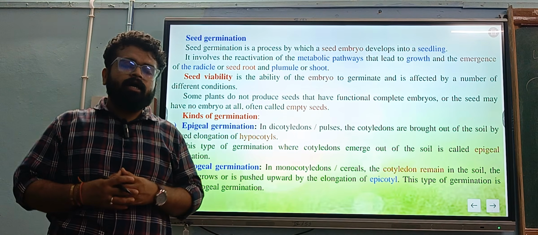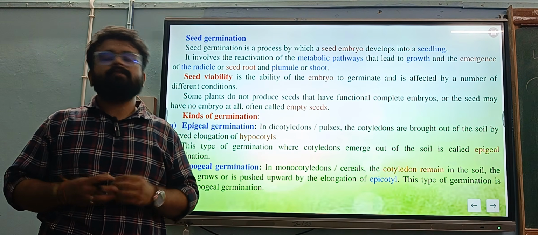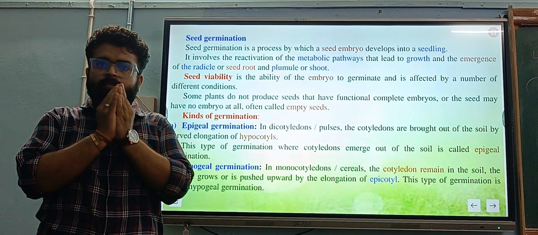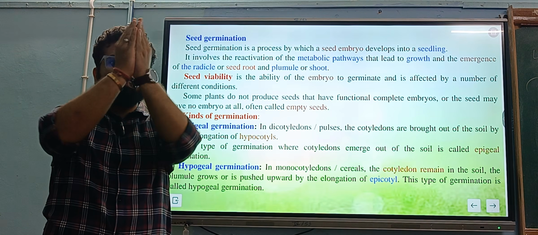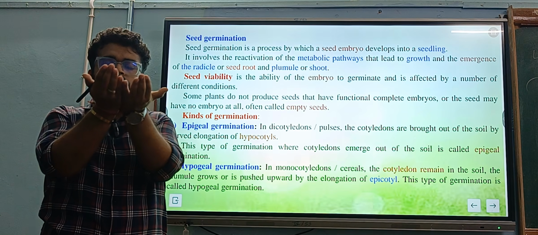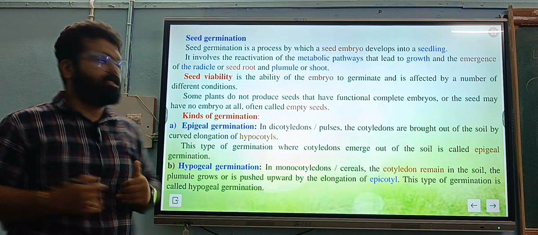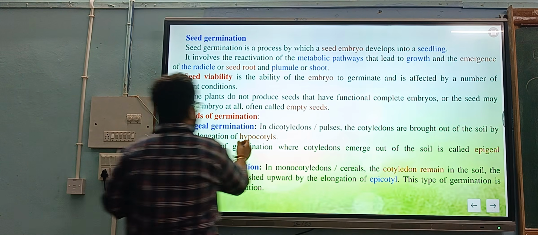If you have noticed crops such as pulses, green gram, black gram, the seed cotyledons emerge out from the soil as two cotyledons. Such type of emergence we call epigeal germination, where hypocotyl extension takes place.